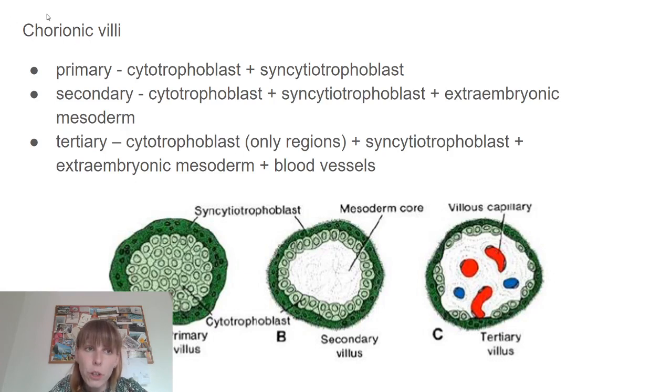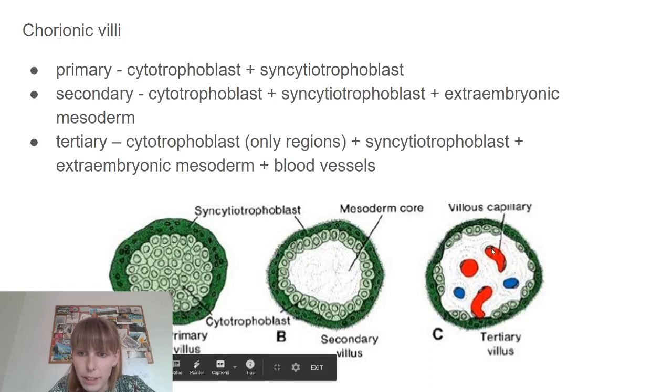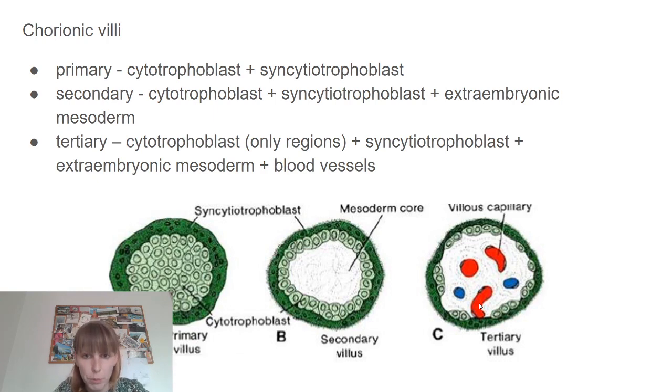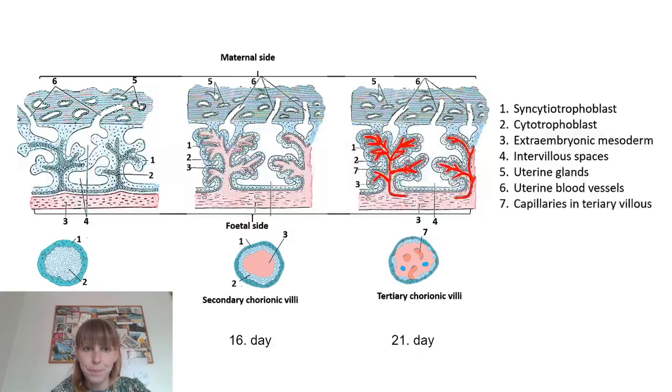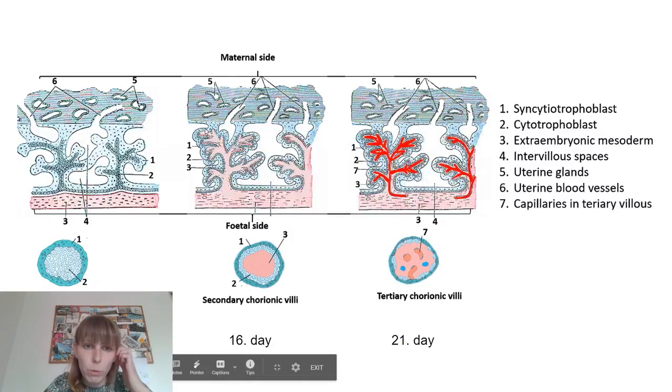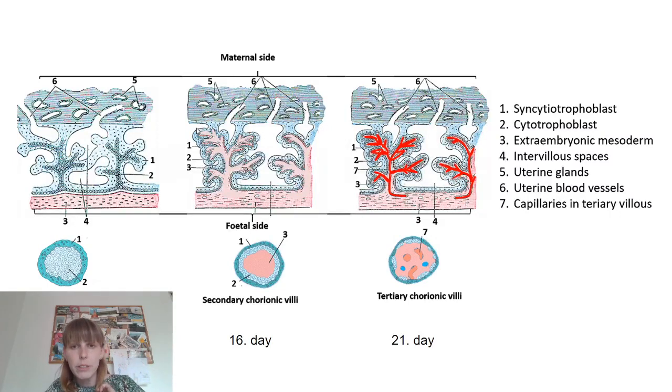Because the chorion is part of the fetal part of the placenta, it's originally part of the fertilized egg. It came out of that. So it's not maternal. Therefore, the blood vessels inside the villi will contain blood of the embryo. This will be important later on. We have one more picture for you to imagine this, and we will take a look at it on the placenta slide as well.